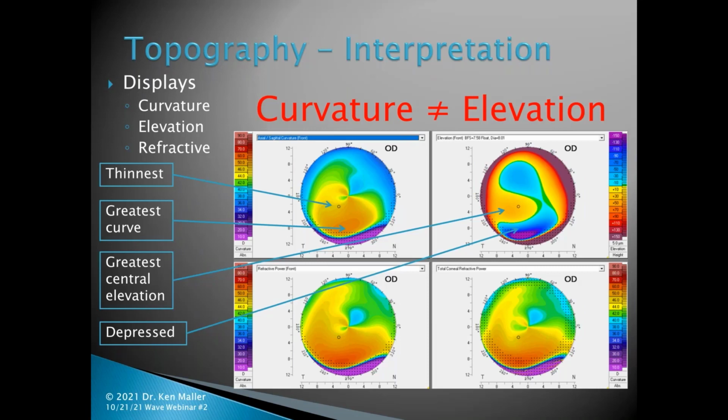Elevation is going to be the relationship between the back of your lens and the front of that cornea, the anterior surface of the cornea, where curvature has to do with what's actually happening instantaneously at that spot and how curved the cornea is. Elevation is much more important in designing a lens for fitting issues than curvature is. And it's important to remember that those two are not the same and often can be very, very different areas of the cornea that you're looking at.